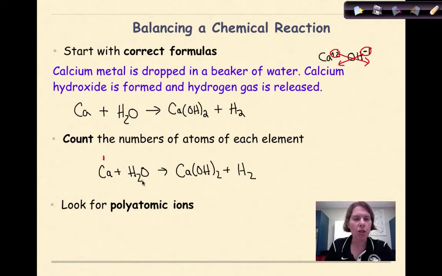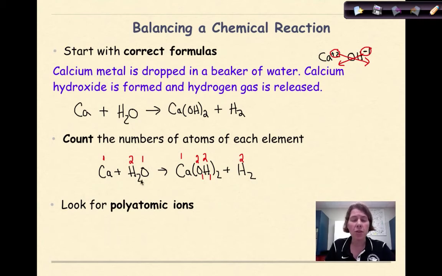There's a subscripted 2 by the hydrogen, so that means there's 2 hydrogen atoms, 1 oxygen, because there's an assumed 1 down here, 1 Ca on the product side. This 2 is going to be distributed. We know that there is an assumed 1 here and an assumed 1 here, so that means there's 2 oxygens and 2 hydrogens, and finally there's 2 hydrogens involved in the diatomic.